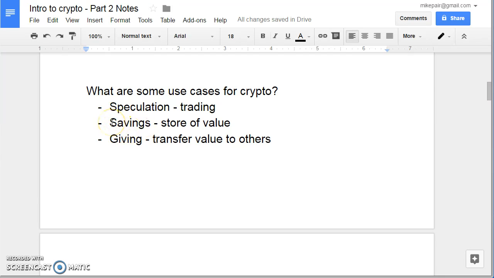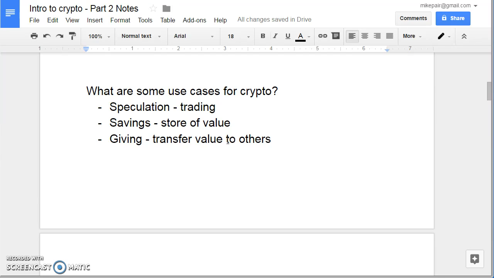Another use case is savings. Just like a savings account, if you want to put something in savings, you could do that. You could buy some cryptos, just save them, don't spend them, don't trade them, don't send them to anyone else, and just treat it as a savings account because you believe in the overall long-term effects, and you think that the crypto is going to appreciate.